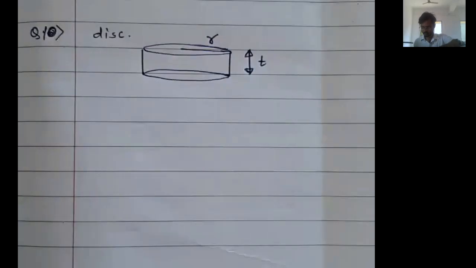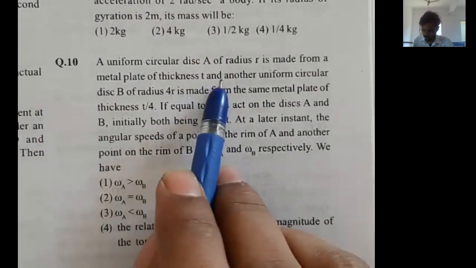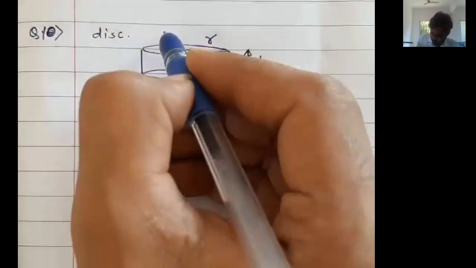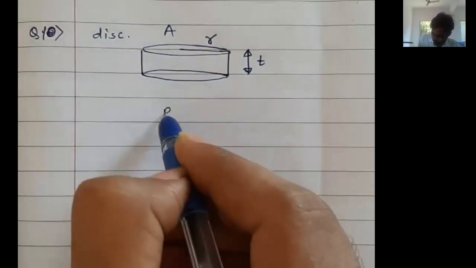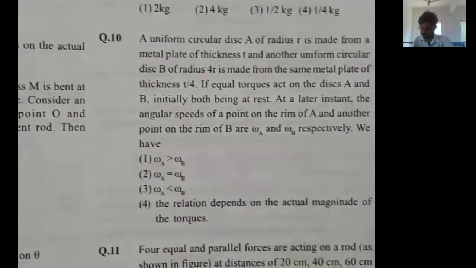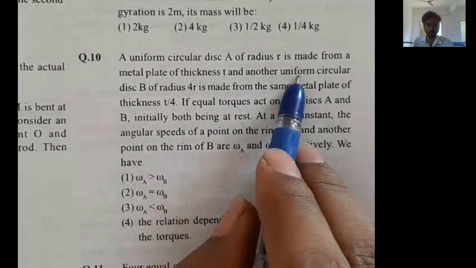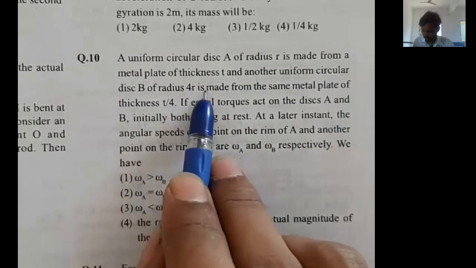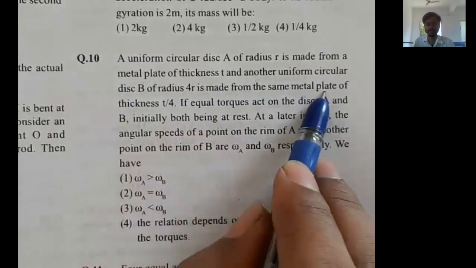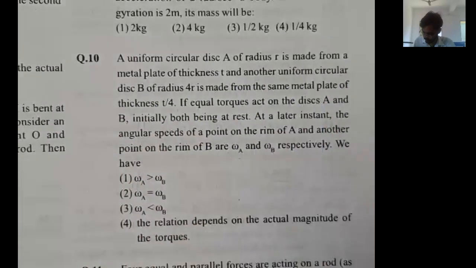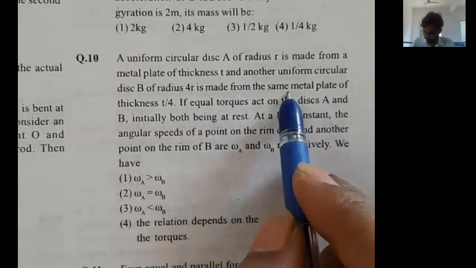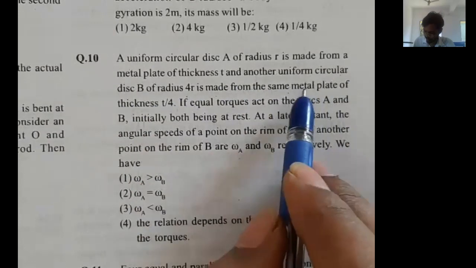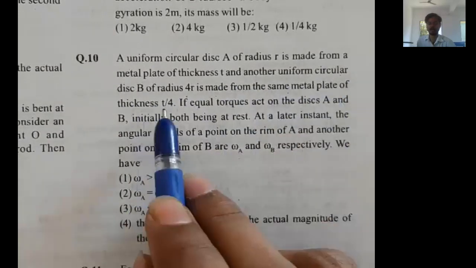Okay. Fine, sir. Next. And another uniform circular disc B. This was disc number A. Now we have a disc B. Another uniform circular disc B of radius 4R is made from the same metal. Same metal means same density. But radius is 4R, of the same metal plate of thickness T by 4.